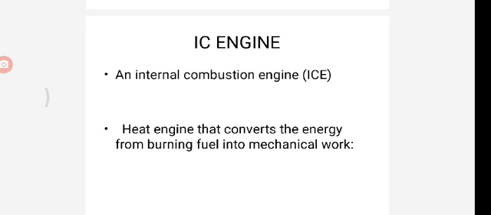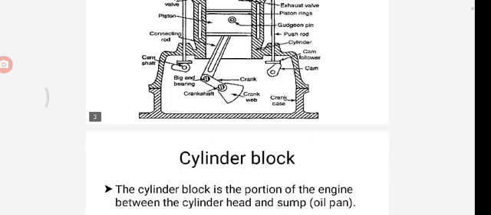How is the heat developed from the burning fuel? When the fuel is burned, heat is developed in the engine. Due to this heat, the pistons and cylinders work, and due to that working, it is converted into mechanical work. So the heat energy is converted into mechanical energy in an IC engine.